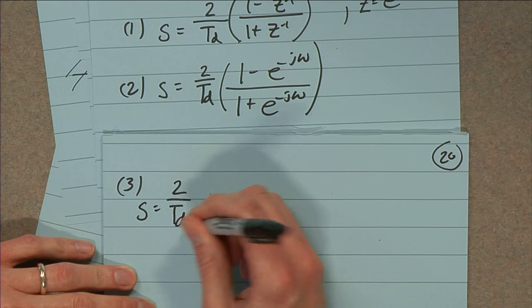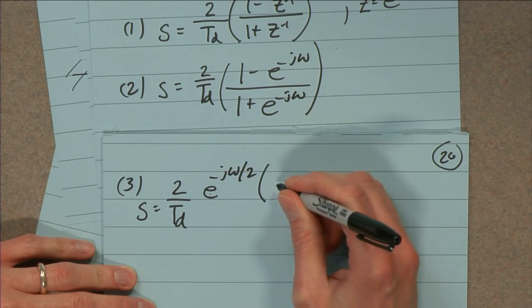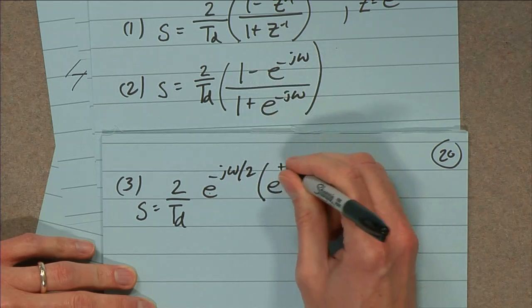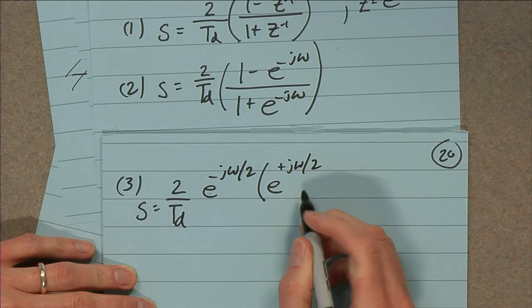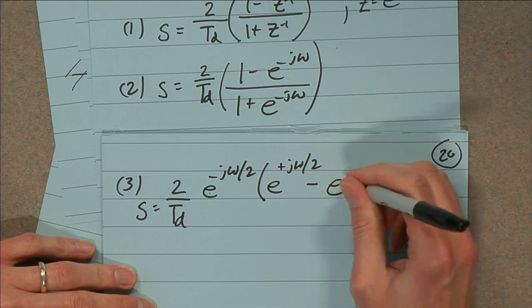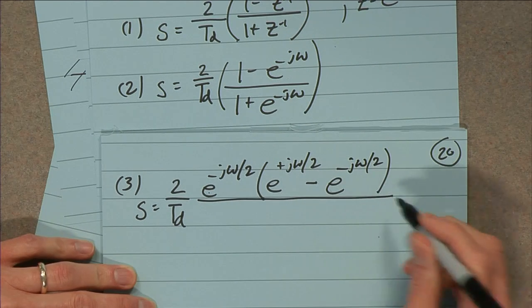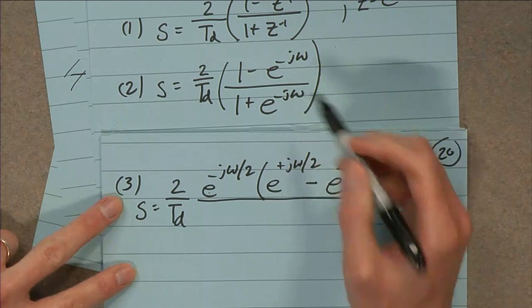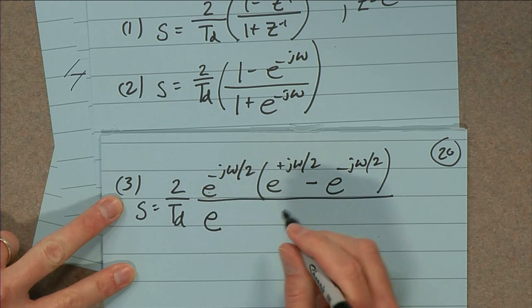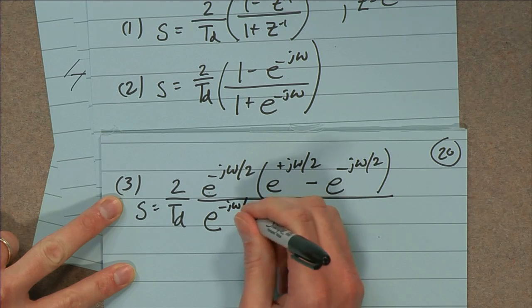So 2 over Td, e to the minus j omega over 2. So that since that was 1, I've got to end up with plus e to the j omega over 2. And that's still a minus e to the minus j omega over 2. We can do the same thing to the bottom. And so we end up with e to the minus j omega over 2.